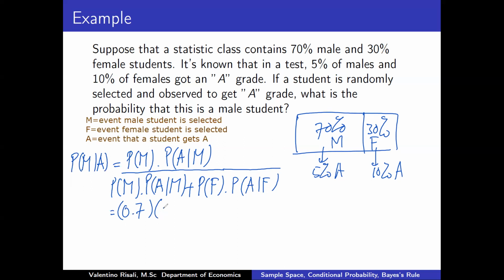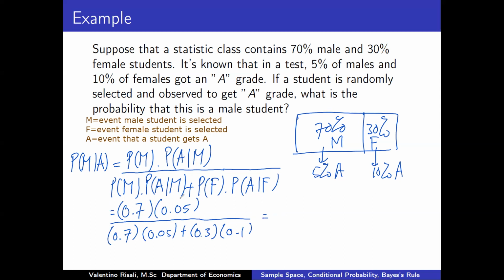It is 0.05. And then P(M) and P(A given M) is the same. Plus the probability of female is 30%, and the probability of A given female is 10%. Right. Thank you, Owen.